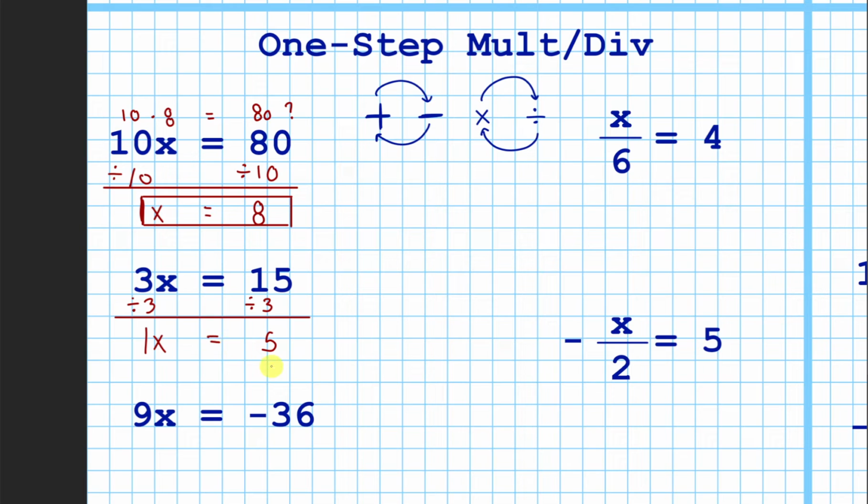So I end up getting the equation 1x equals 5. Well, 1 times x is just x. So really, I'm just saying x equals 5. And look, our variable is isolated. There's no numbers next to it. It's just the number on the right-hand side, the variable on the left-hand side. And again, if you don't believe it, plug it in. Be sure. 3 times 5. Does that equal 15? Yes, it does.